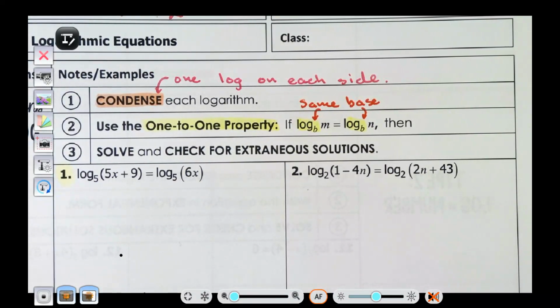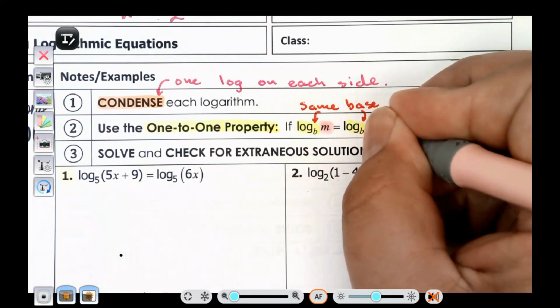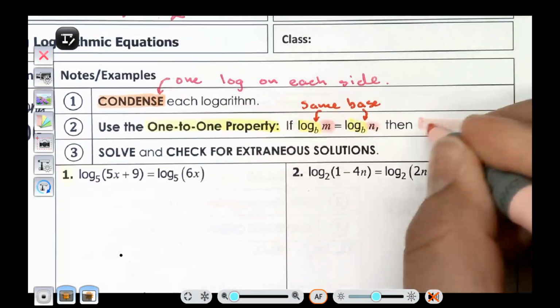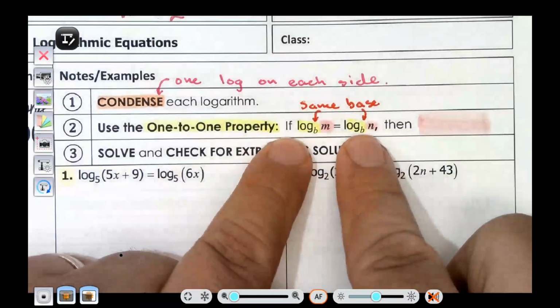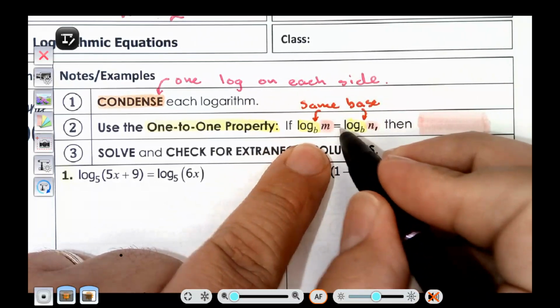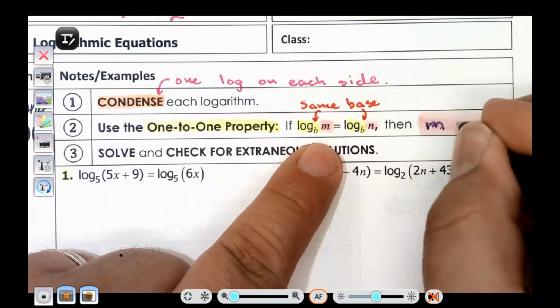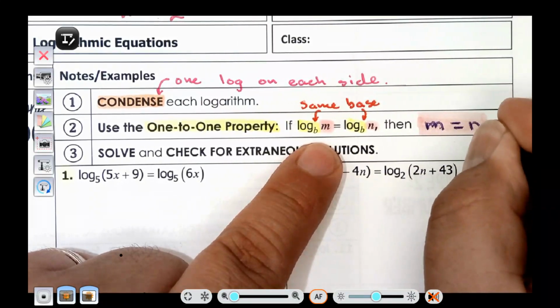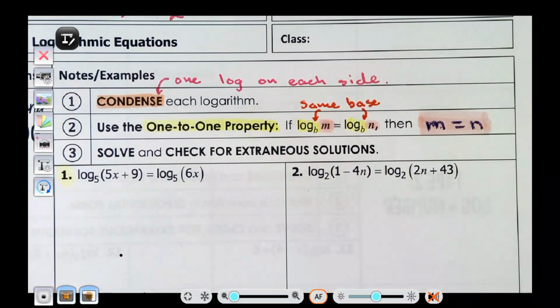And then it says, so if this happens, then your m is equal to your n. And that's the one-to-one property that we're going to use today. If you have one log on each side and they're both the same base, the only way equality can exist is if you make the m equal to the n. So the insides of the logs need to be equal to each other.